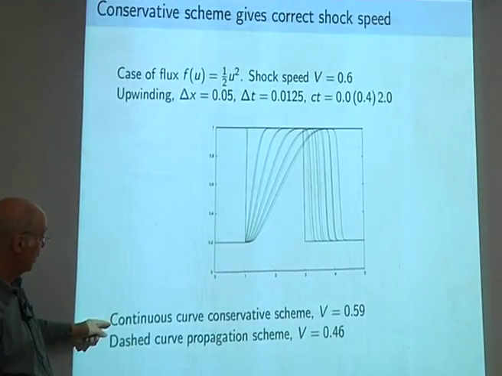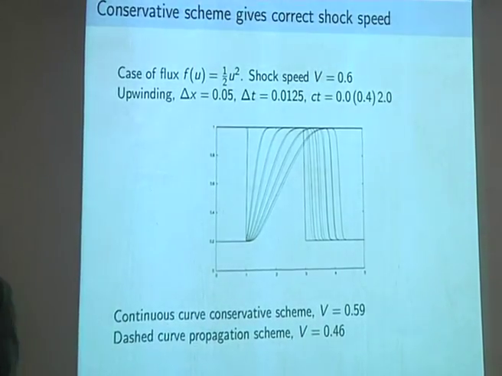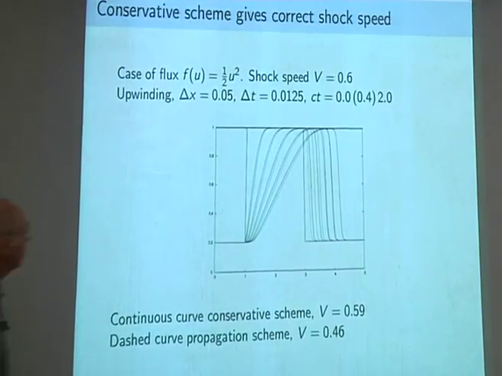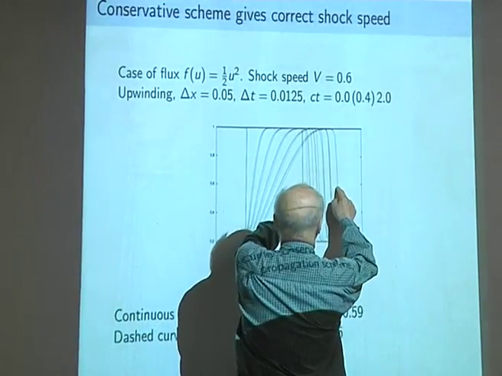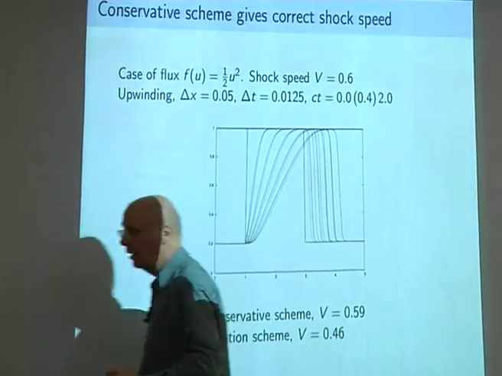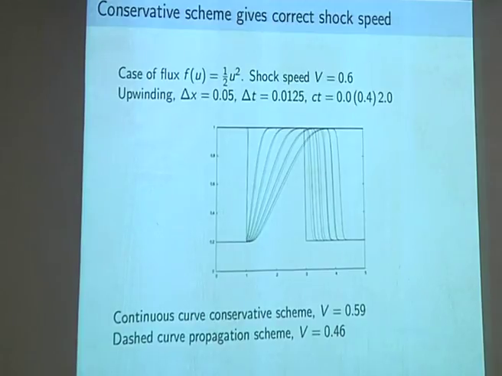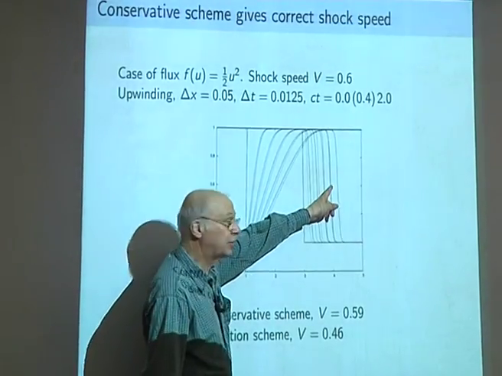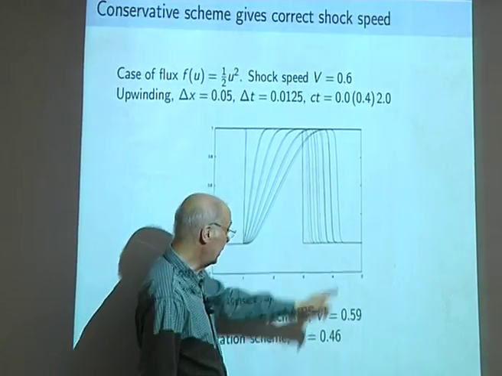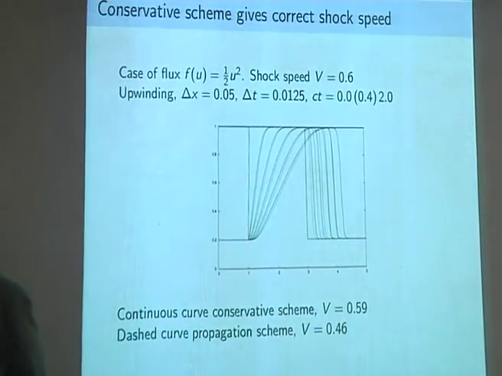The continuous scheme with the conservative method has a velocity, which I've just calculated, compared to the displacement of that in time 1, of 0.59, which is good. It would get better if I had a greater spatial resolution. And the dashed curves, the propagation form of the governing equation, only get to here, the furthest dashed point in the same time, and it has a propagation speed of 0.46.